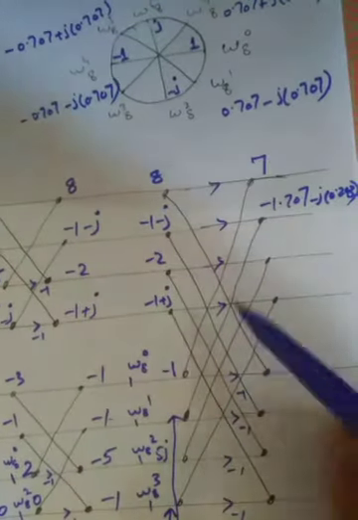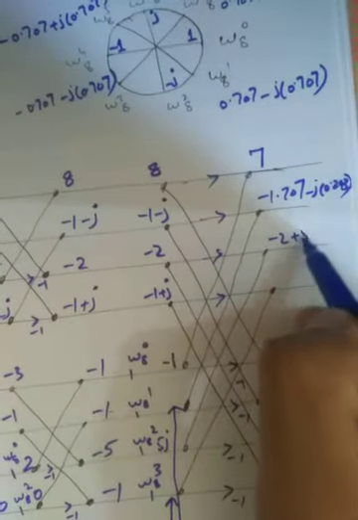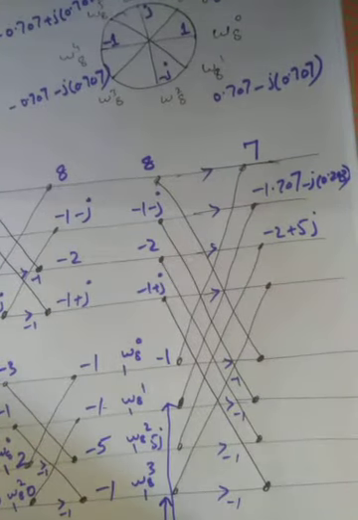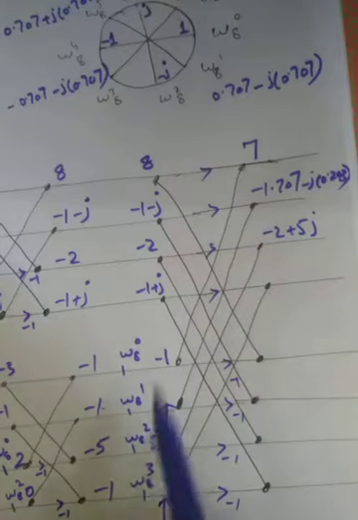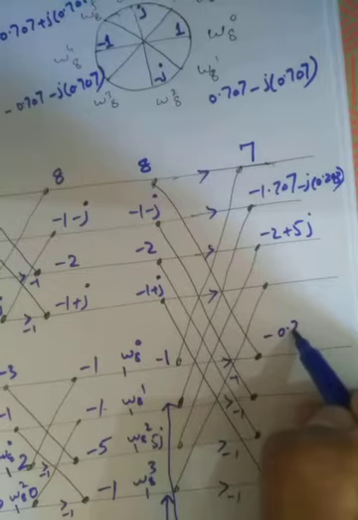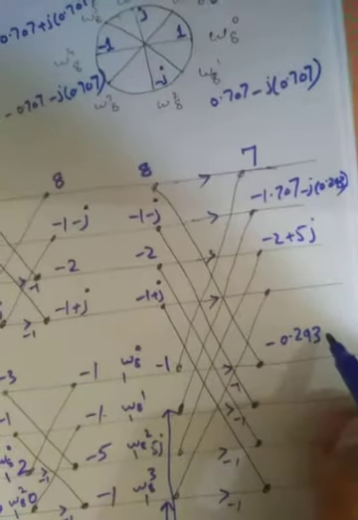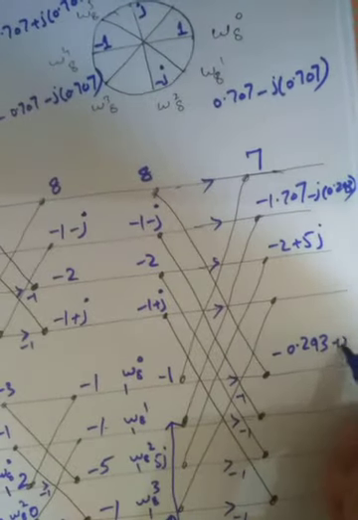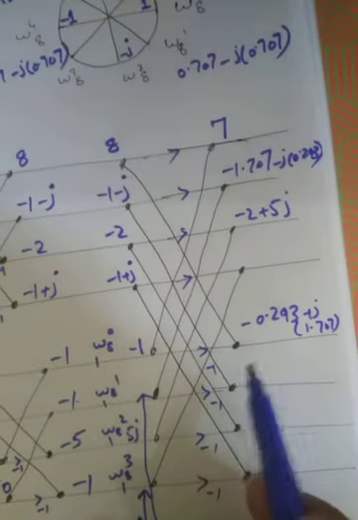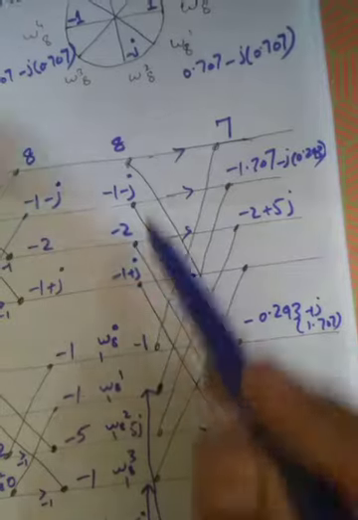Similarly, minus 2 plus 5j. Similarly, minus 1 plus 5j and 0.707 plus j into 0.707. Minus 1 plus 0.707 is minus 0.293, and then plus j into 1.707.